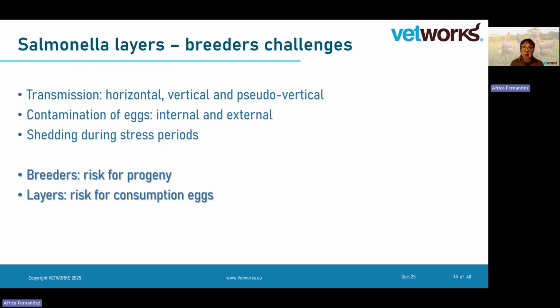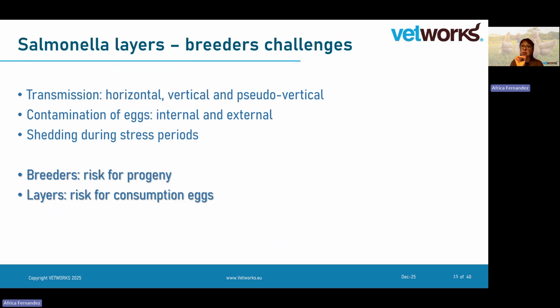So talking about challenges in the different productions, going into layers and breeders, we know that Salmonella has horizontal and vertical transmission. So we have the risk of contaminating the progeny and also the eggs for human consumption.